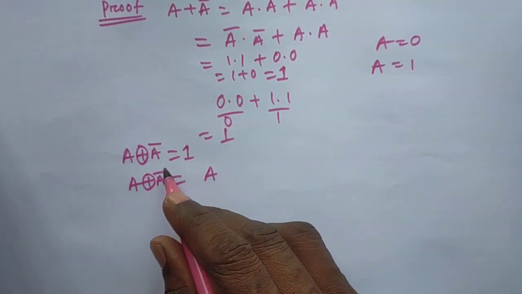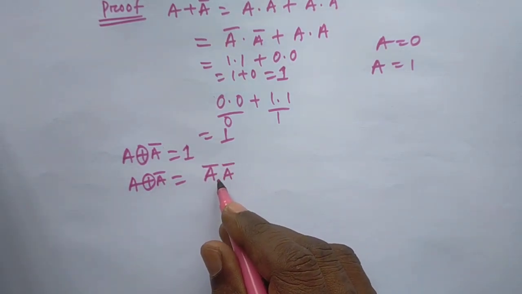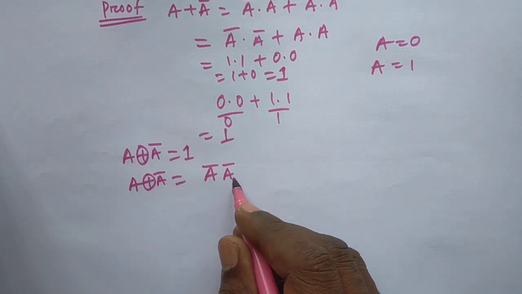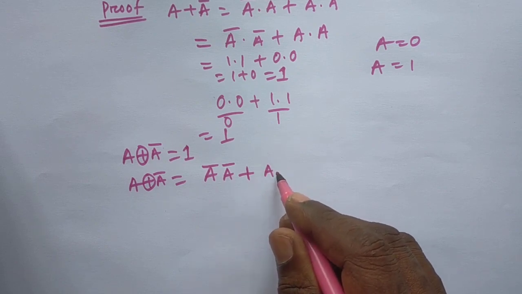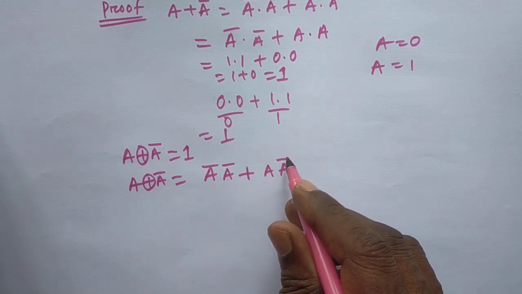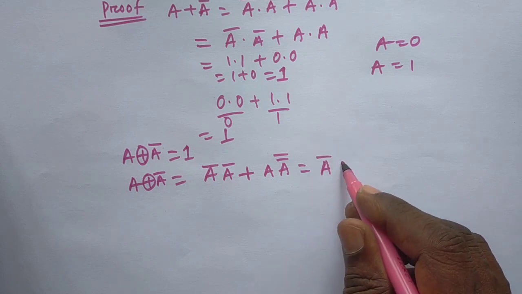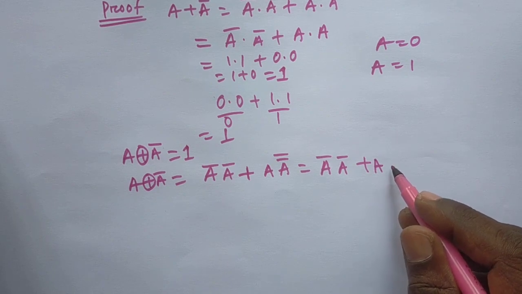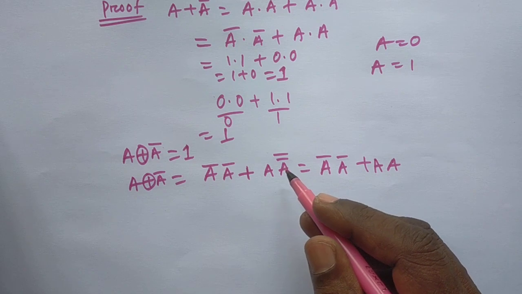A complement, here we can write A complement, the second one is A complement, A complement B, A complement B is A complement plus A B complement. B complement is already A complement complement. That is A complement plus A, because A complement complement is A.